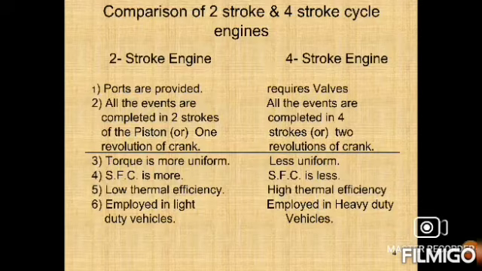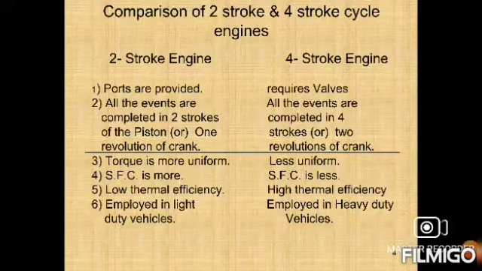So first, what are the differences between the two-stroke engine and the four-stroke engine? In a two-stroke engine, ports are provided, that is, an inlet port and an outlet port. A four-stroke petrol engine requires valves, an inlet valve and an outlet valve.